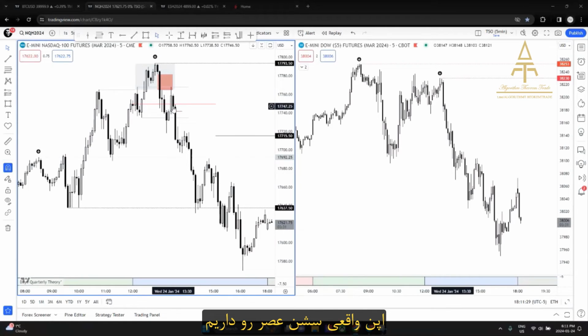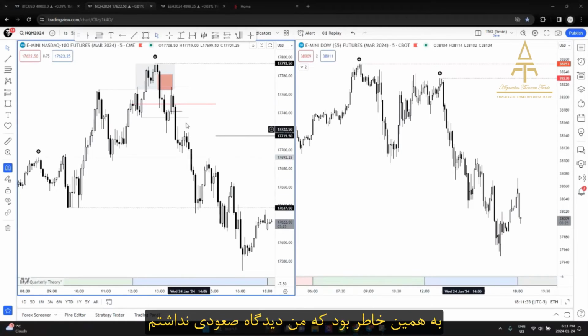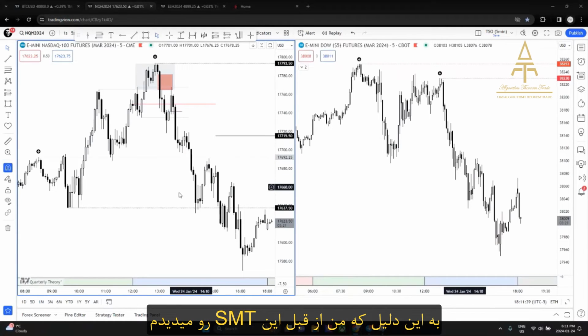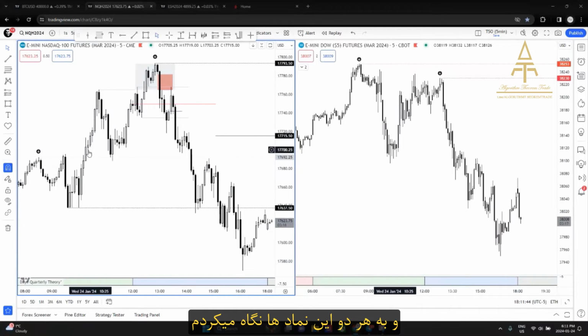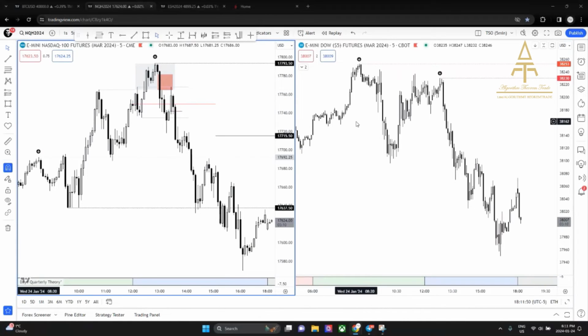Right here we have the true open of the afternoon session, but as you can see, price barely wicked. Price was so heavy, which is why I was saying that I'm not bullish here. I could already see this SMT because I was looking at both of these assets, NQ and the Dow.